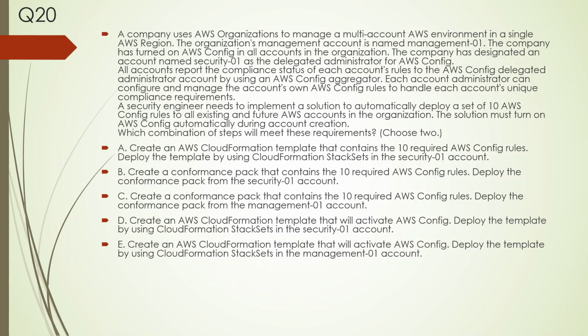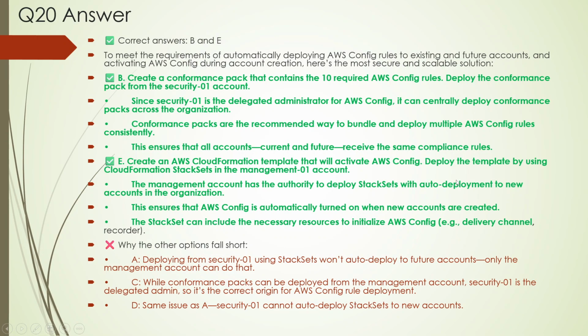Either way, we just need a conformance pack and we need a CloudFormation template. So the conformance pack will be deployed by, it's B and E. So we'll get one correct.